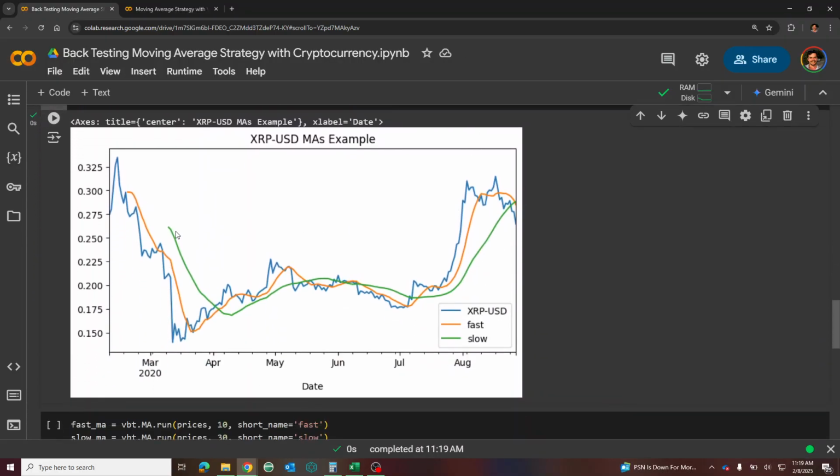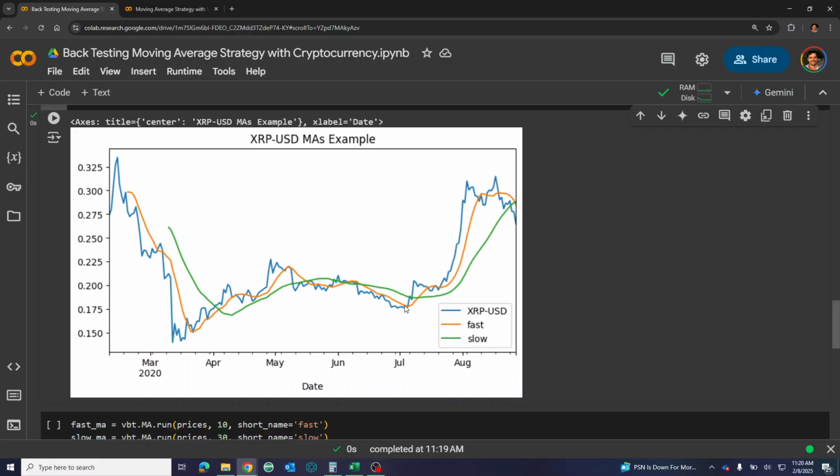Yep, okay, cool. So we do have some crossover here. In this instance, like with this crossover here, the slow is going under the fast, which means let's capture this bull run here and put in an entry. And then when it crosses over again, you're going to exit, crosses over again, entry, exit.